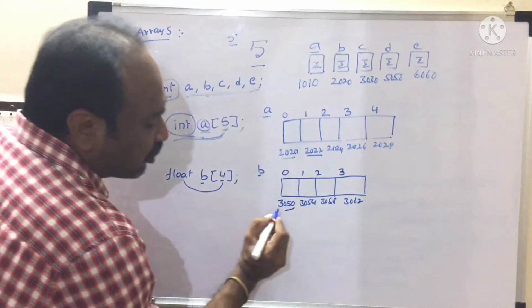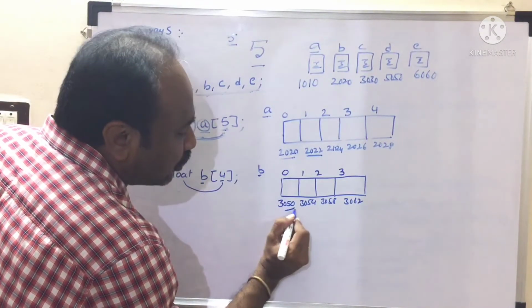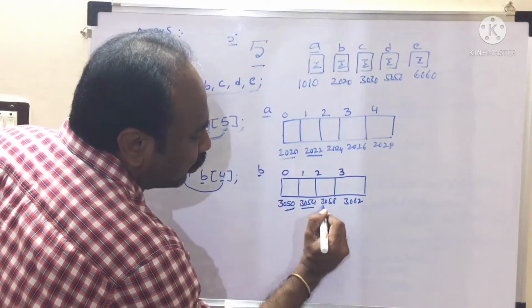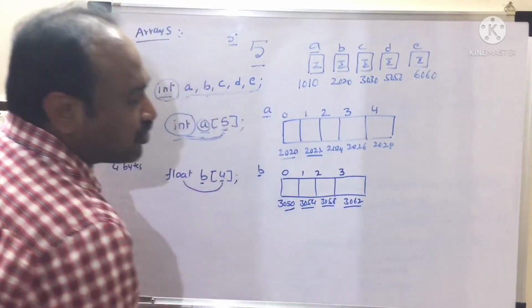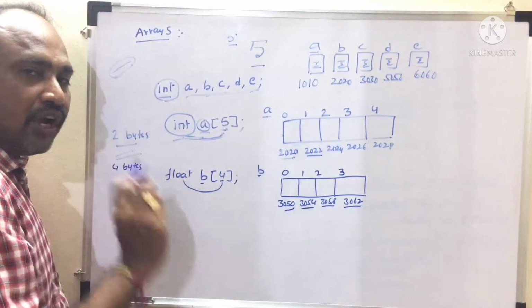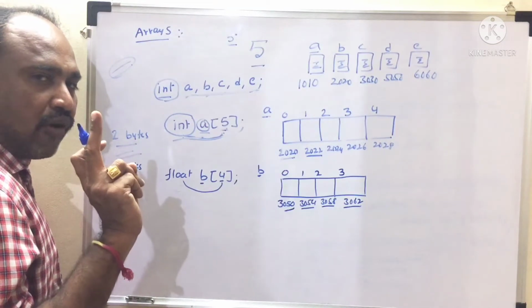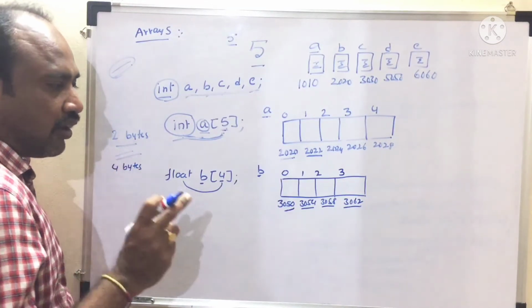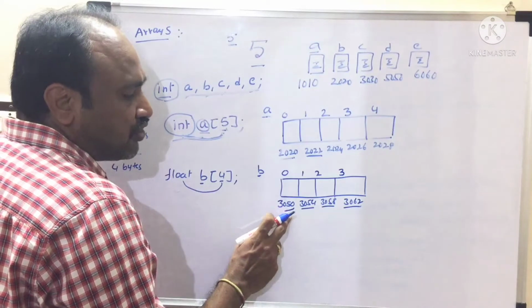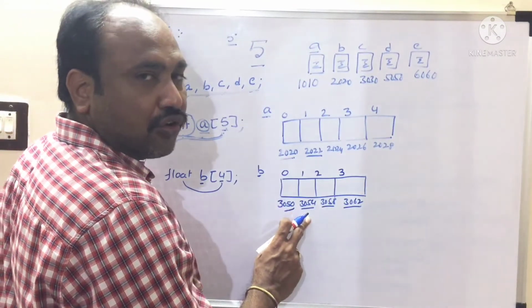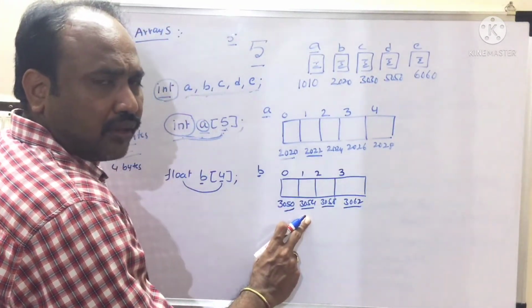That's why if the first value is stored in 3050, next value 3054, 3058, 3062. The same way when you are going to work with a character array, to store every character value, how many bytes are required? 1 byte required. If the first value is stored in 3050, next value 3051.